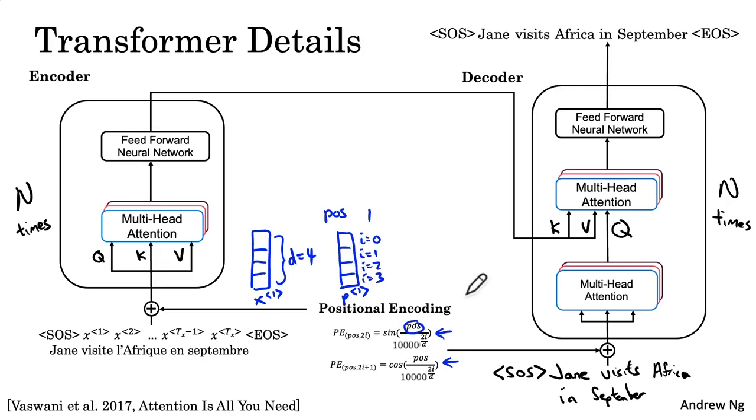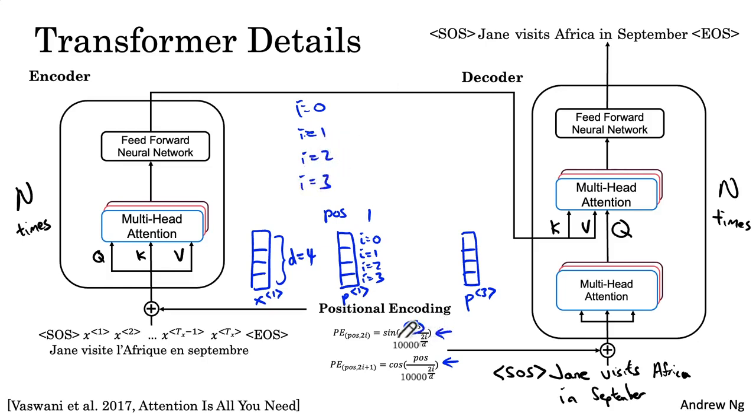So the vector P3 that encodes the position of l'Afrique, the third word, will be a set of 4 values that will be different than the 4 values used to encode the position of the first word, Jane. This is what the sine and cosine curves look like. Here's i equals 0, i equals 1, i equals 2, and i equals 3.